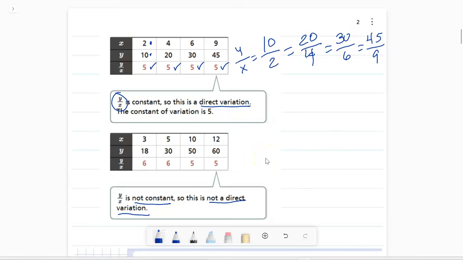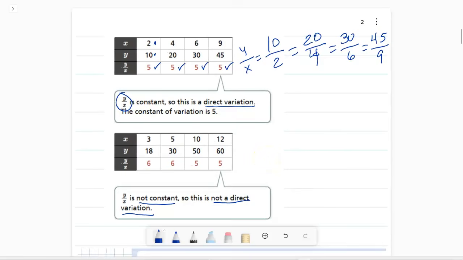Let's take a look at the next one. 18 divided by 3 is 6. 30 divided by 5 is 6. 50 divided by 10 gives you 5, so that is not equal. They're not the same.